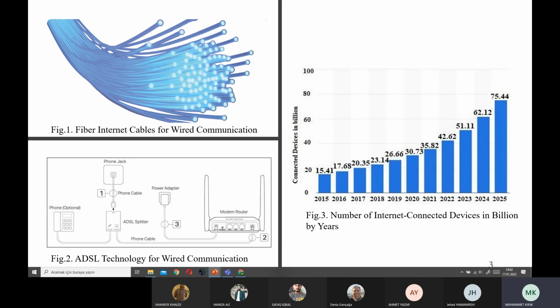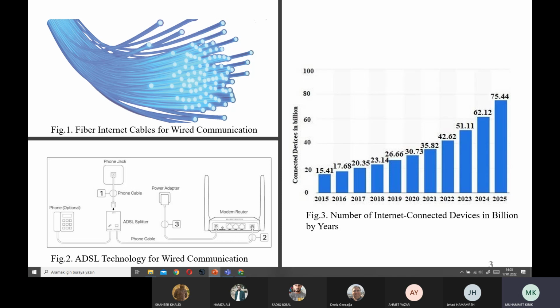So as a result of that, wireline-based communication technologies such as ADSL or fiber internet and other wireline-based technologies are no longer competitive enough when we compare them with wireless technologies to access internet applications. And on the other hand, according to scientists, there are almost 30 billion IoT devices actively serving on our planet.